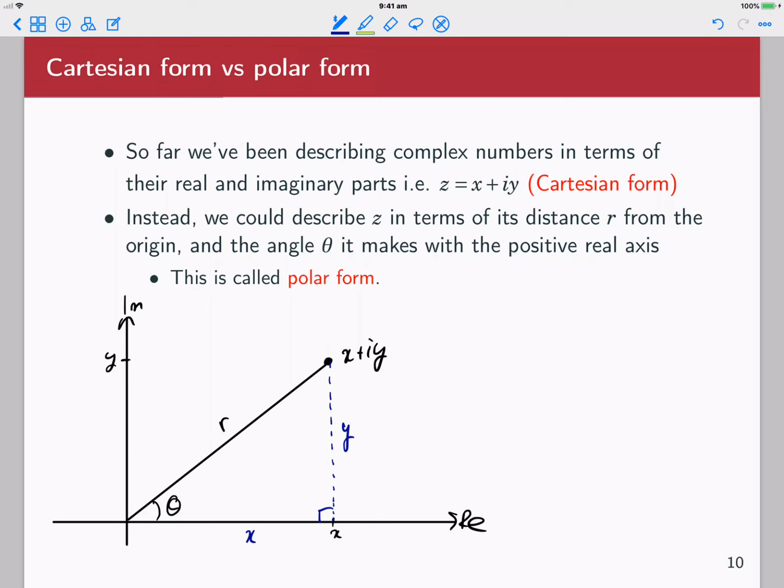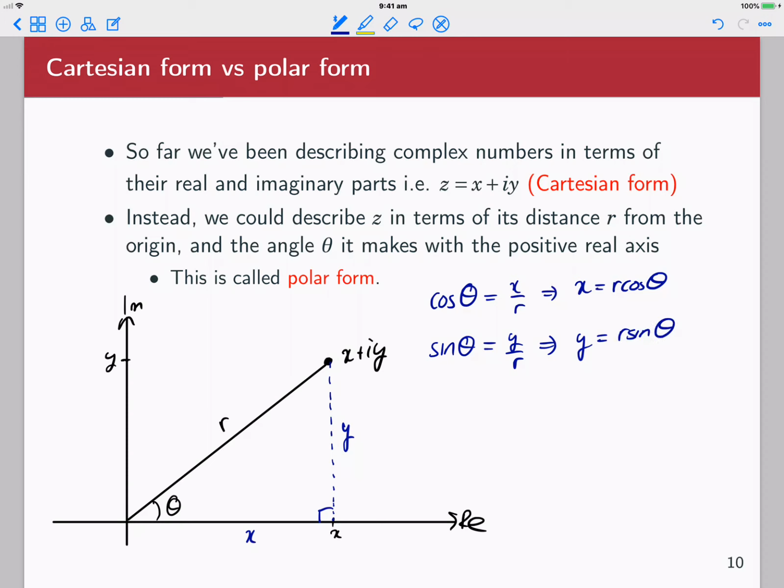And by simple trigonometry, because we know that cos means adjacent over hypotenuse, cos of theta would be x on r, and so x would be r cos theta. Likewise, we know sine is opposite over hypotenuse from SOHCAHTOA, right? So sine theta is y on r, and so y is r sine theta.